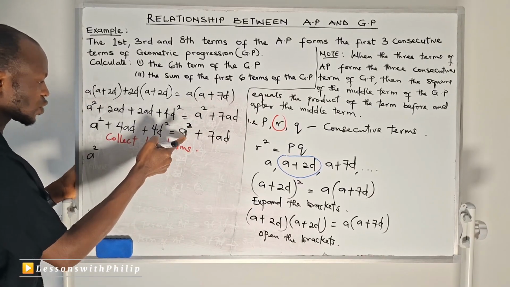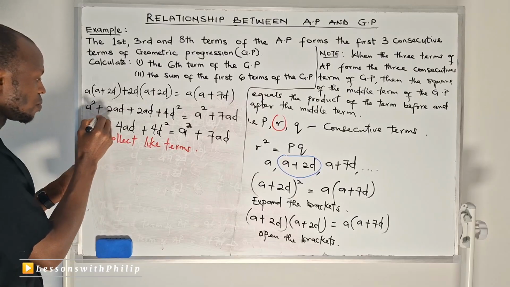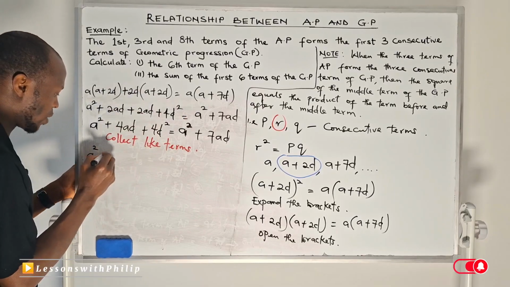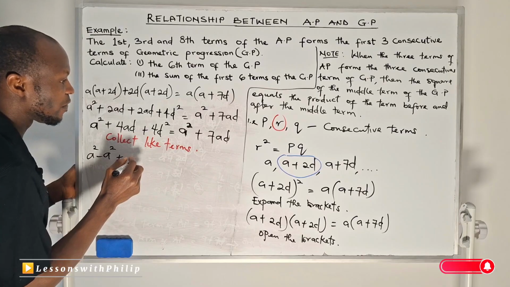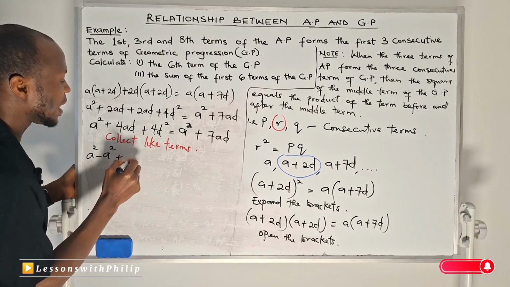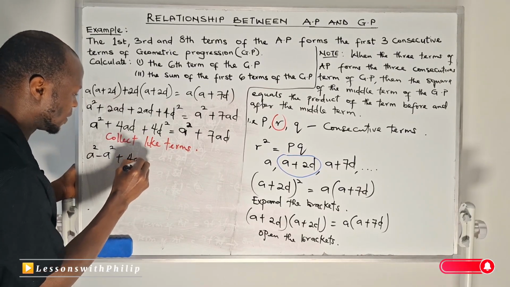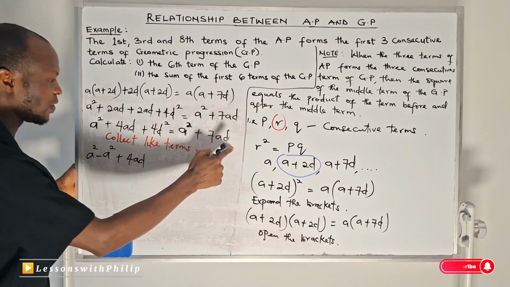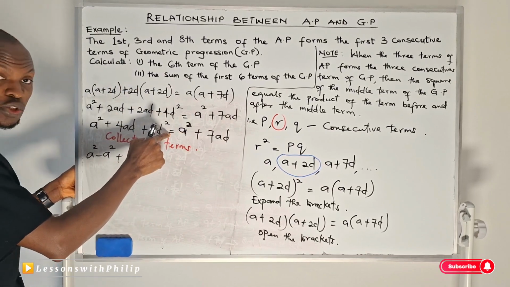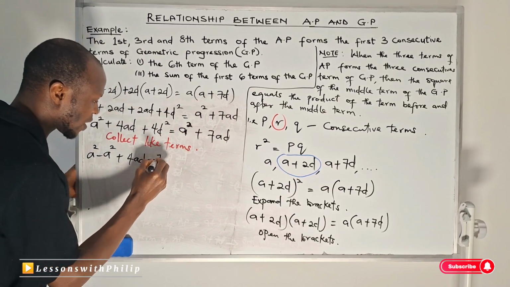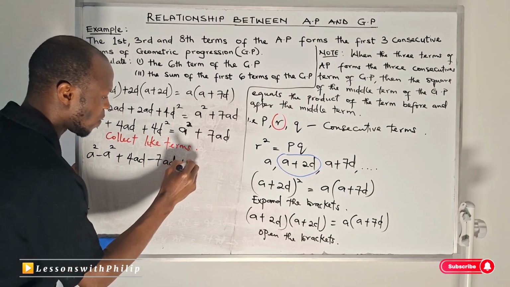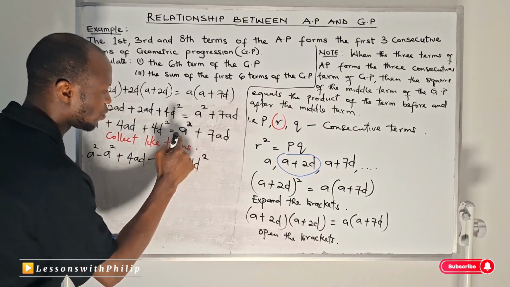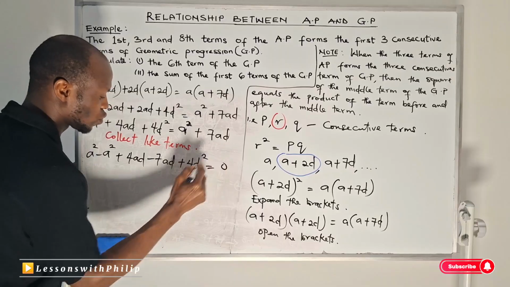If you bring A squared to this place, it will become minus. So minus A squared plus 4AD, plus 4AD. If we bring plus 7AD to this side, crossing equals to, it becomes minus 7AD. We have plus 4D squared plus 4D squared. We don't have anything for this side. That will be equals to 0.